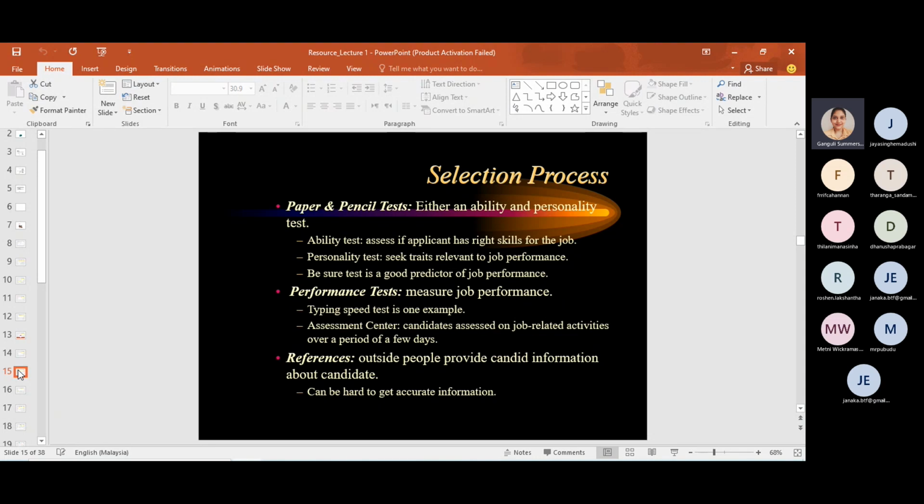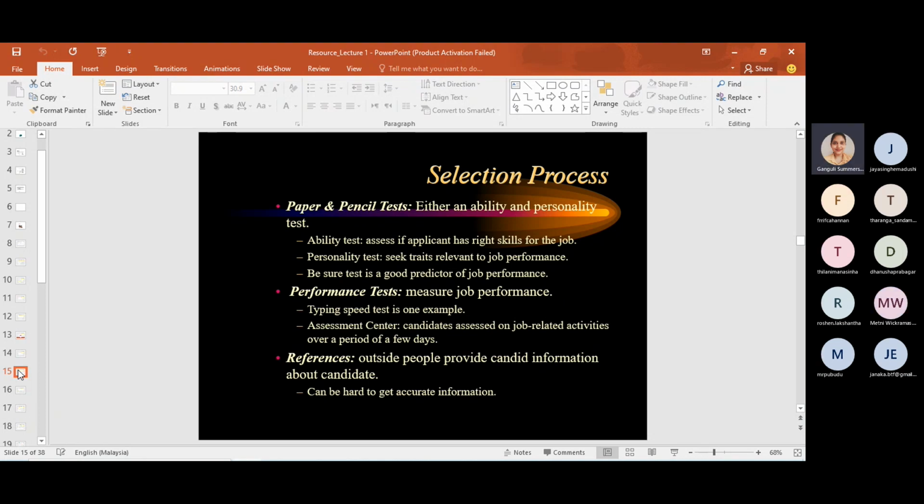An ability test usually checks your knowledge or your skills for the job, how knowledgeable you are or how skilled you are for this job.